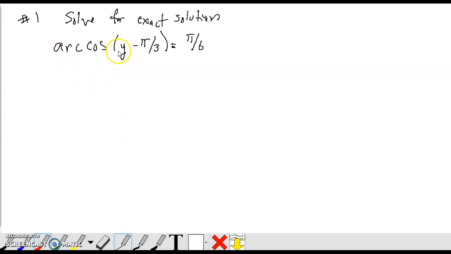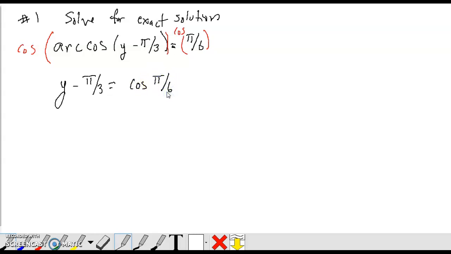Our inverse trig is on the left side already, so it's already isolated. So I'm going to apply the inverse of arc cosine, which is just cosine, to both sides. So over here, these two will cancel out, leaving you with y minus pi over 3 is equal to the cosine of pi over 6.